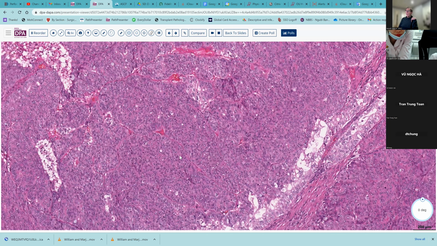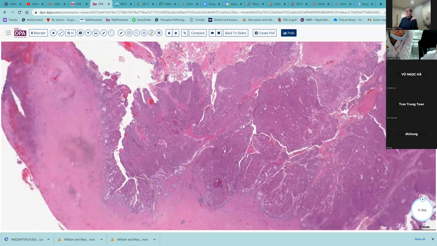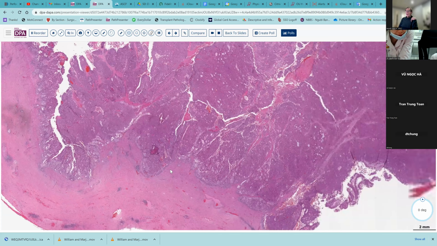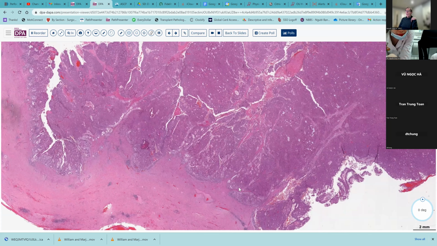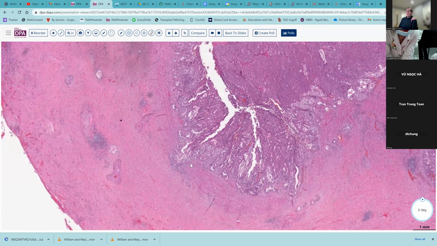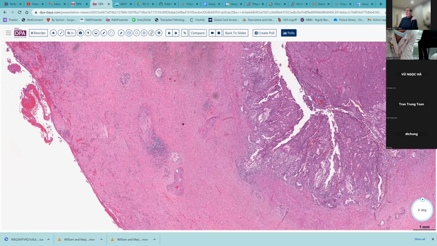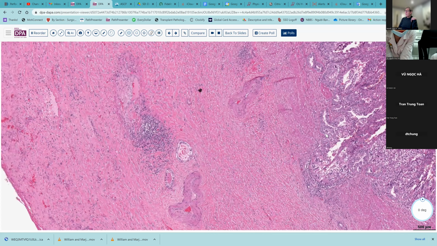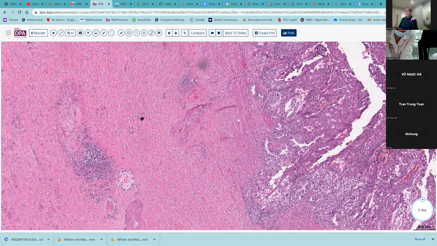Now, of interest, this solid and dedifferentiated part is mostly exophytic. It was growing into the lumen. We actually had to look quite closely to identify areas where we would have invasive tumor. And so we saw some here. This could have been an involvement of a Rokitansky-Aschoff sinus, because you see we still have muscle here.